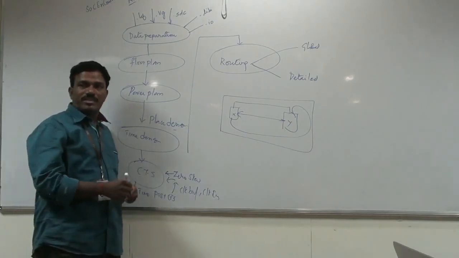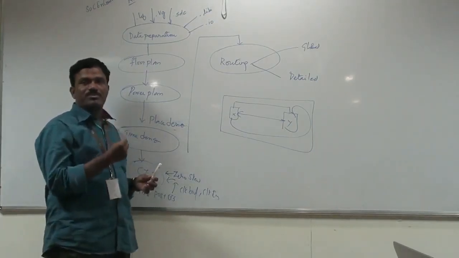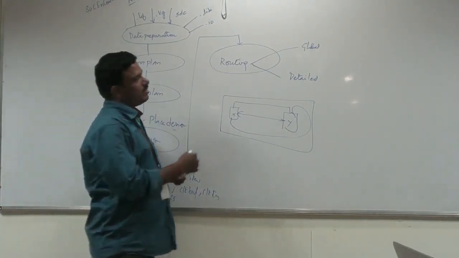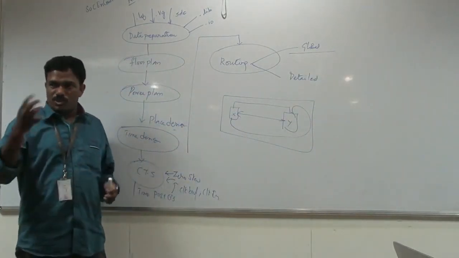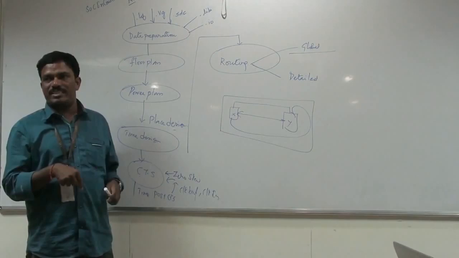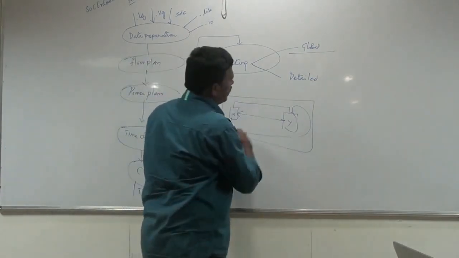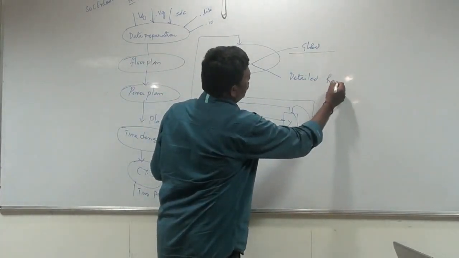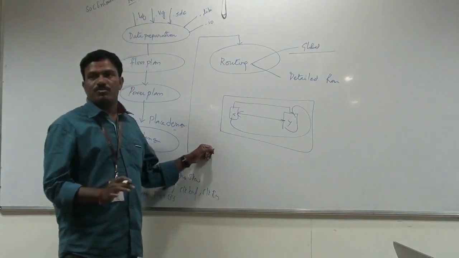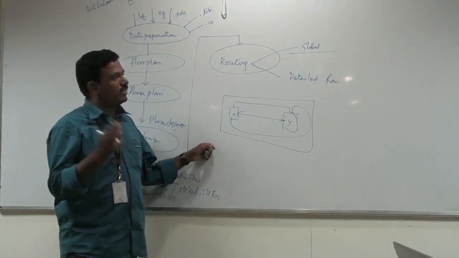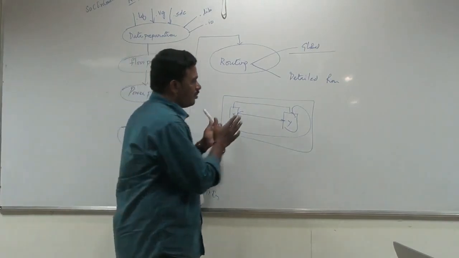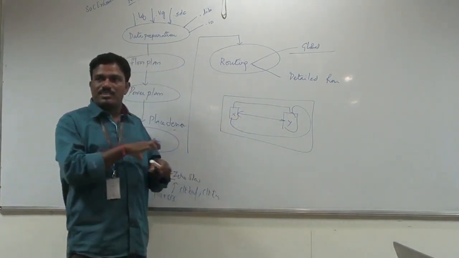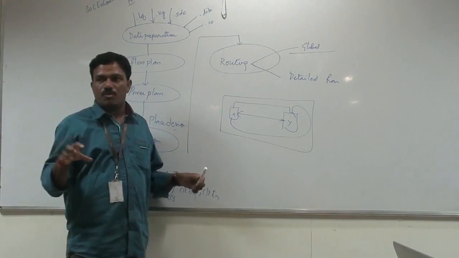Identification of the optimized way of routing is achieved at the global stage. According to that optimization, we go for the routing, which is called detailed routing. Initially, there will be an algorithm that decides the optimized interconnects, the optimized routing paths.